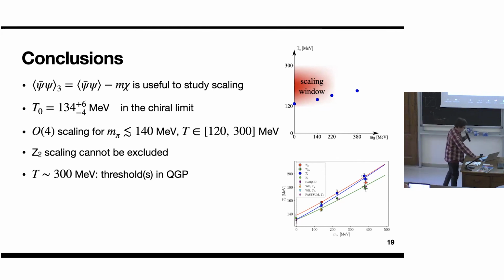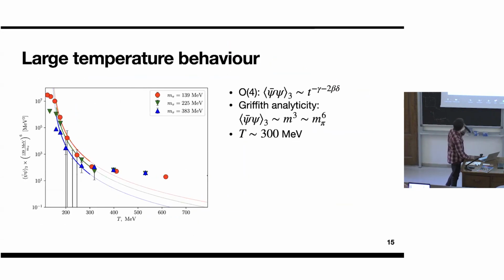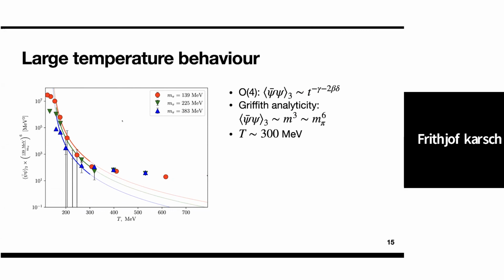So if we go back here, the description by the O4 universality class works. We can fit it by taking one quark mass, and it works for one quark mass up to 300 MeV, for physical or for higher than physical as well. And then if we combine several quark masses, it's also in agreement with the observation for one quark mass. Okay, thank you.